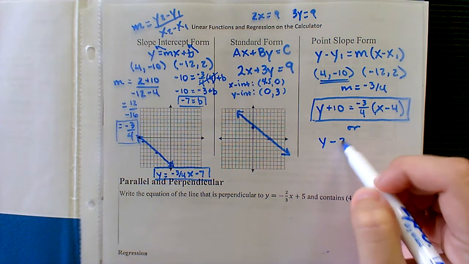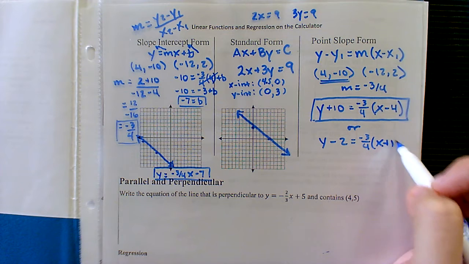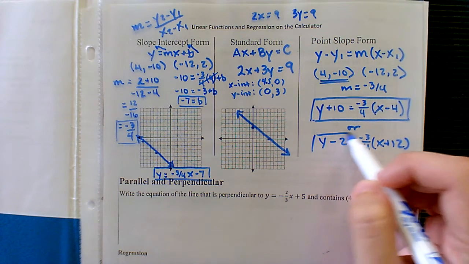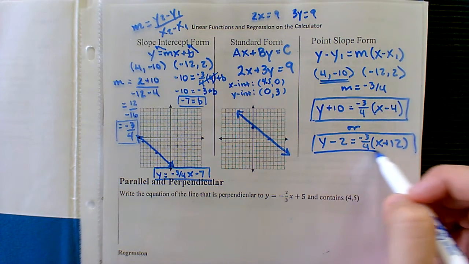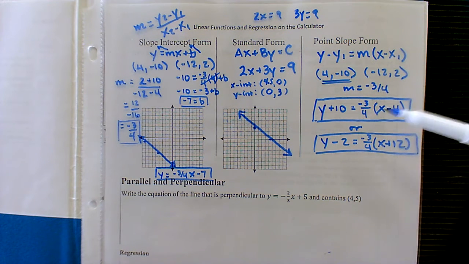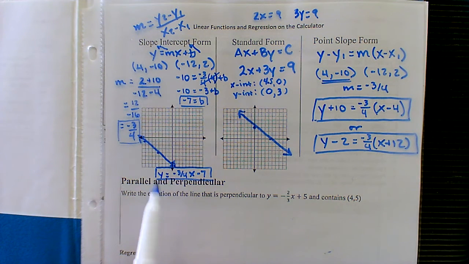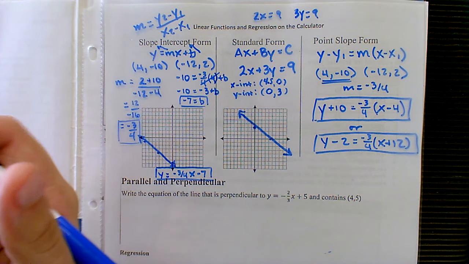Y minus 2 equals -3/4 times x plus 12, perfect. 2 different equations, okay, but they would still give you the same line. If you were to solve these for slope-intercept, like get the y variable all by itself, you would get the slope-intercept equation we got from the very beginning. It's just a different way of representing it with the information that you know.